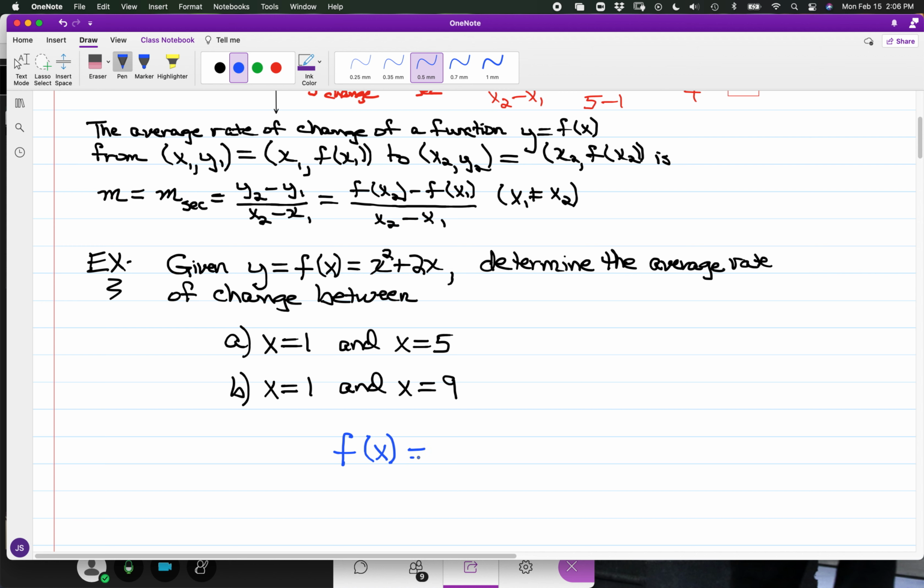Okay, so I have f of x equals x squared plus 2x.